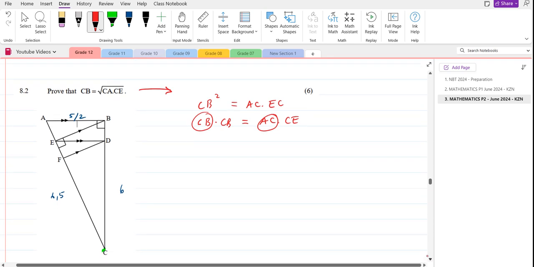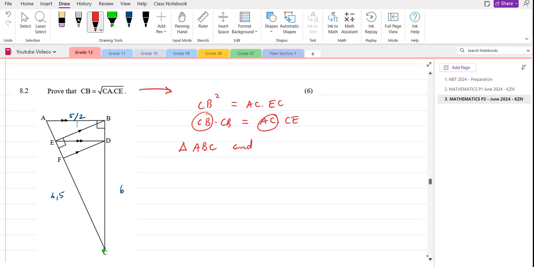Yeah, so we got triangle ABC and CBE. So my idea was there, but I was just trying that method out.